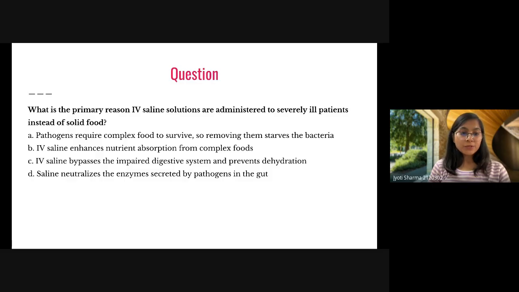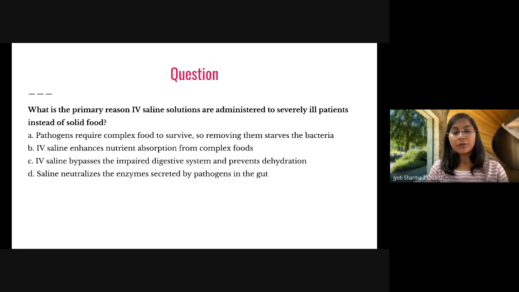B: saline enhances nutrient absorption from complex food. C: saline bypasses the impaired digestive system and prevents dehydration. And D: saline neutralizes the enzymes secreted by pathogens in the gut. So the question is very simple.